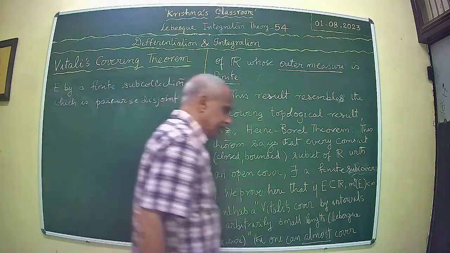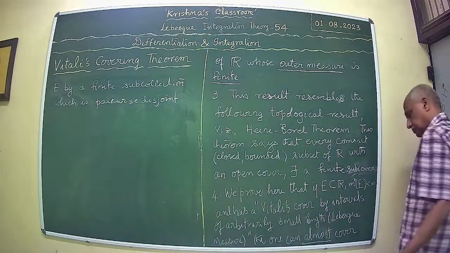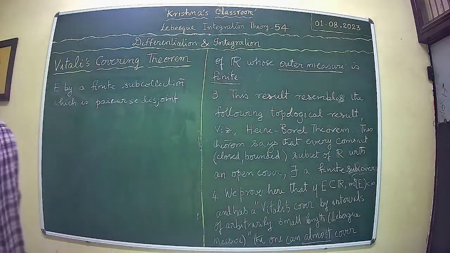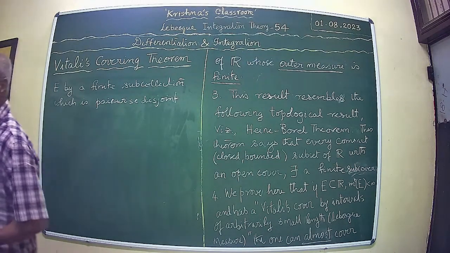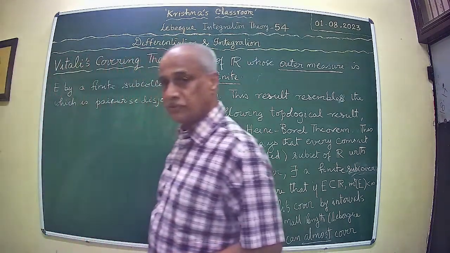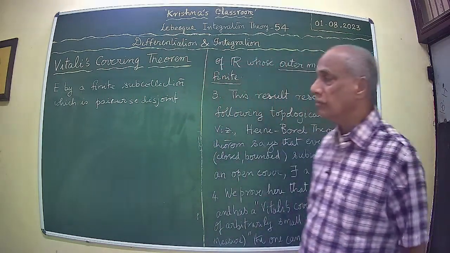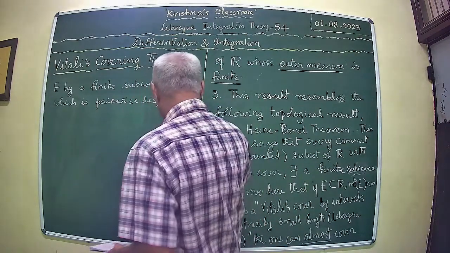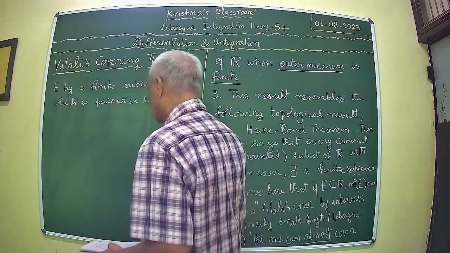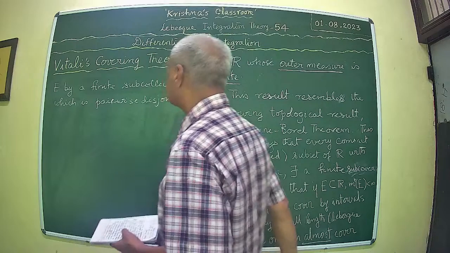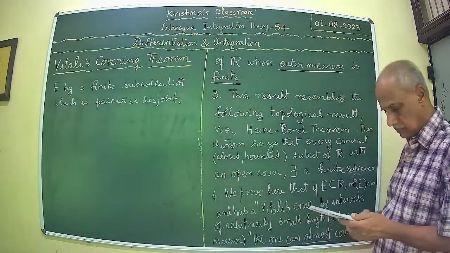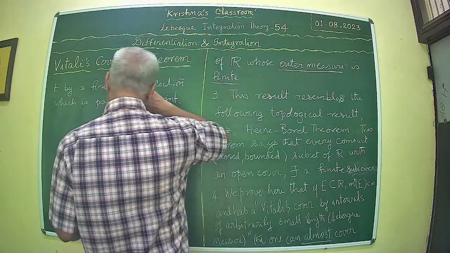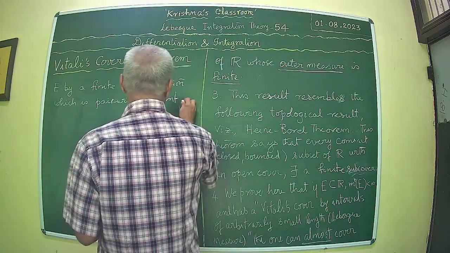It says that what would be left out after using this finite collection is a set of outer measure 0. Okay, that's what it says.